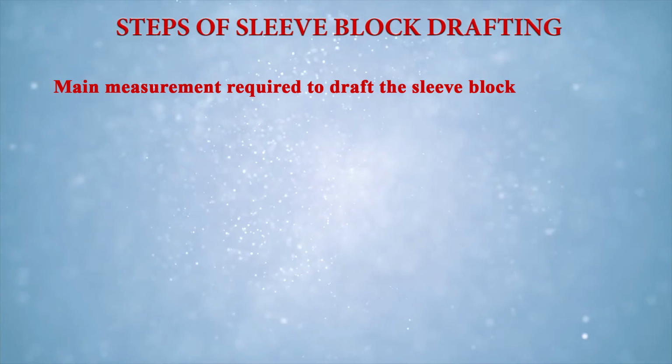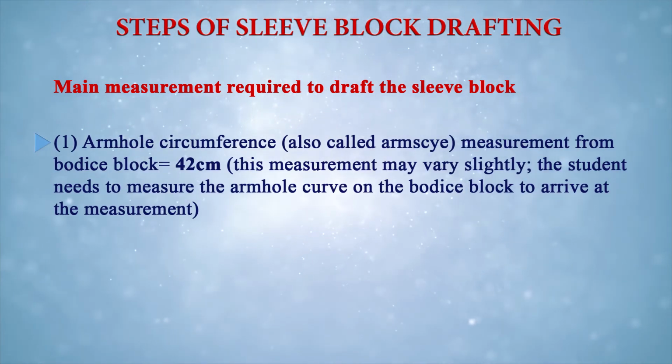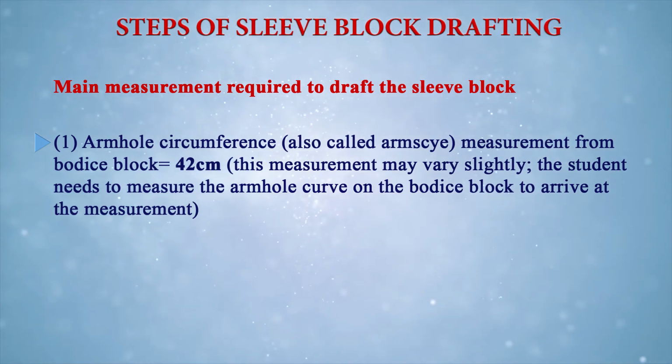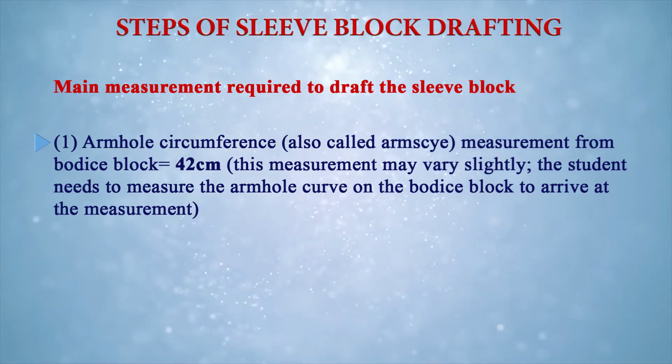So for developing a basic sleeve block, the main measurement we require to draft the sleeve block is the armhole circumference, which is also called the arm scale measurement from the Bodice block. Like it was taken as a 42 centimeter measurement.